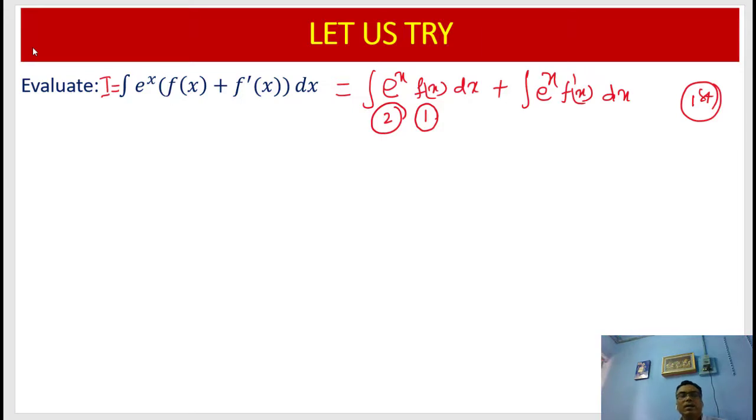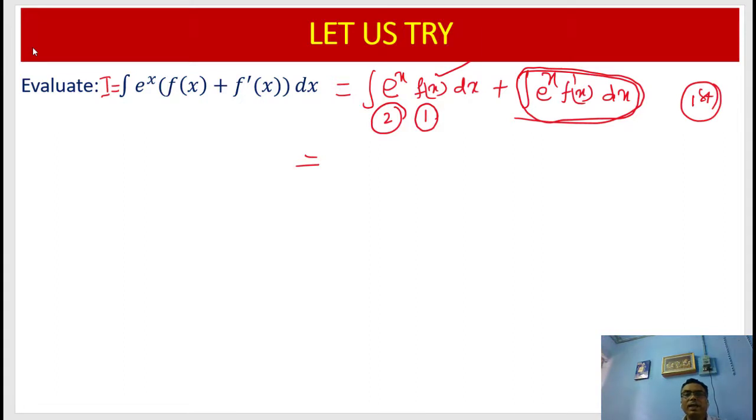Telling it differently, exponential function comes last in our ILATE hierarchy, so always it is the second function. Now what shall I do? I will leave this integration to cancel, and I will integrate only this one.